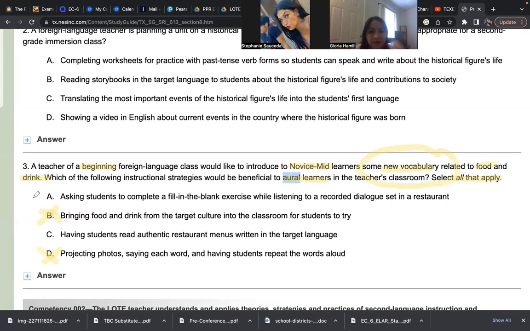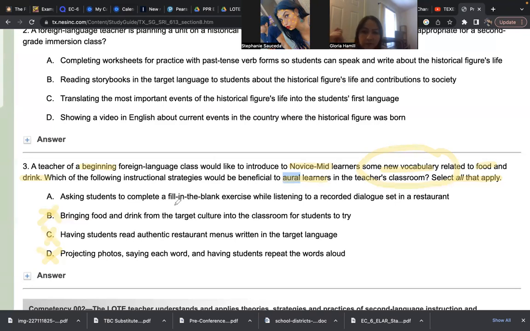That's not even using listening. And A says they're actually listening to a recorded dialogue set in a restaurant, so there's food words being spoken, food vocabulary.